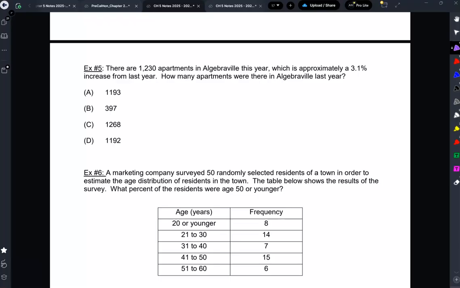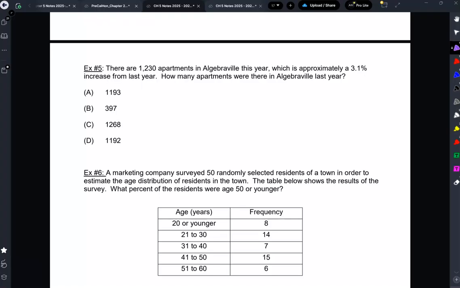Okay. So there are 1,230 apartments in Algebraville this year, which is approximately a 3.1% increase from last year. Look at that. Percent increase back again. How many apartments were there last year? So lots of things here.